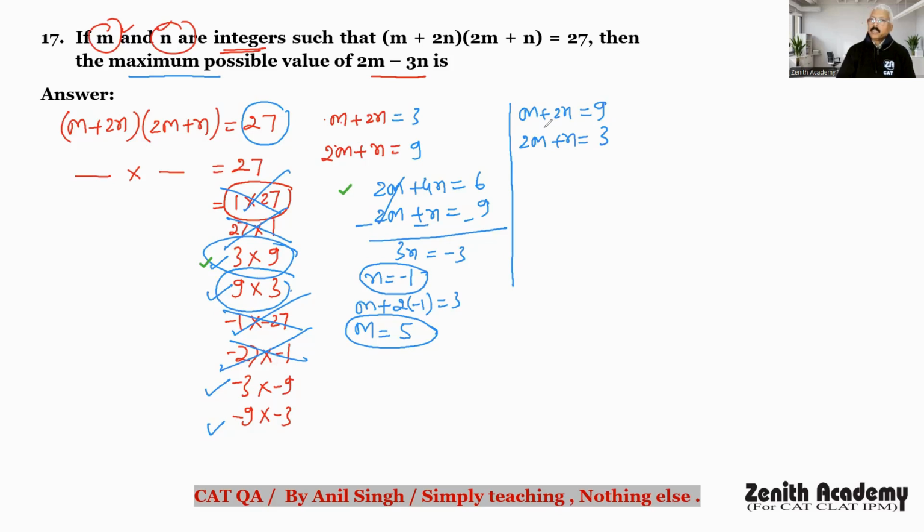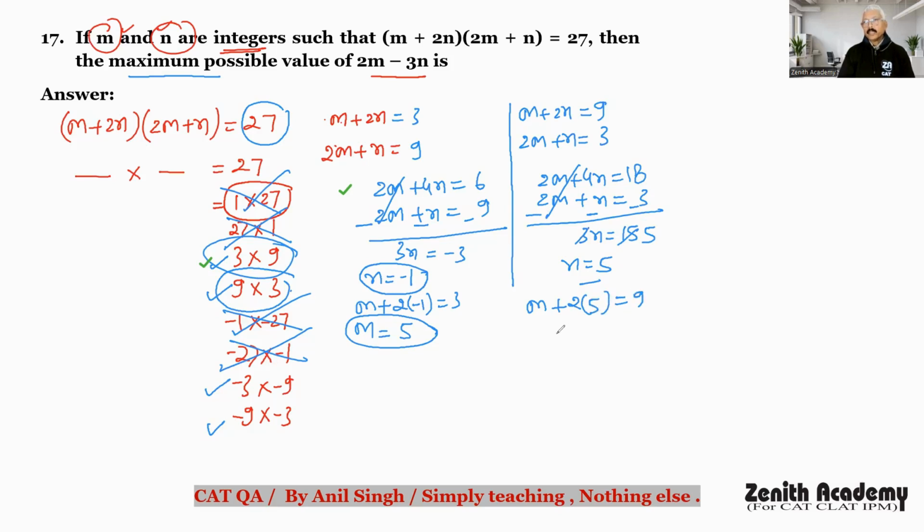Then on equating this, 2m plus 4n is 18, and this is 2m plus n, 3 subtracted, 2m cancels, 3n is 18 minus 3, 15. n is 5. N is 5, put in here, m plus 2 into 5, 9, m is 9 minus 10, minus 1.